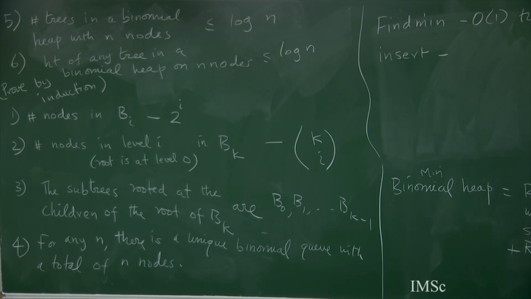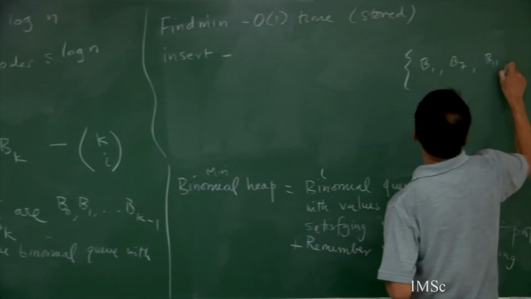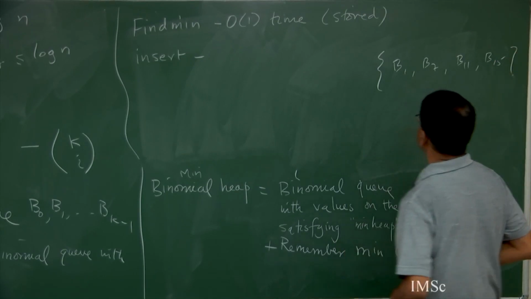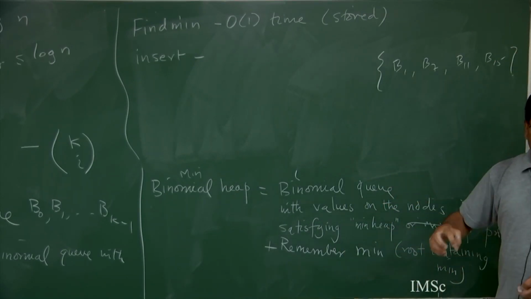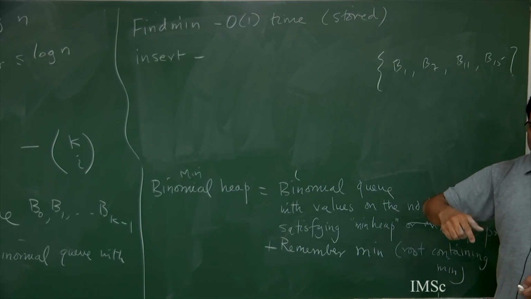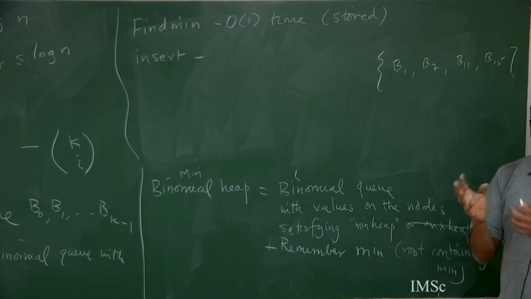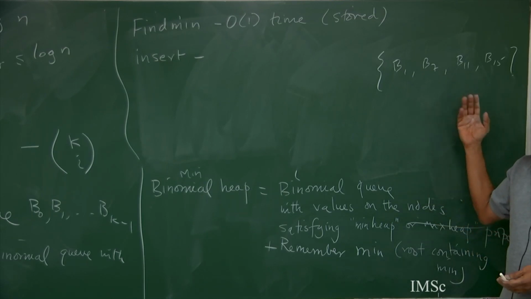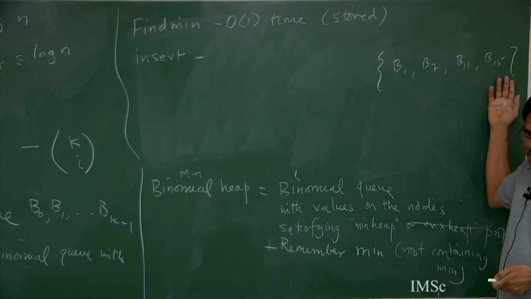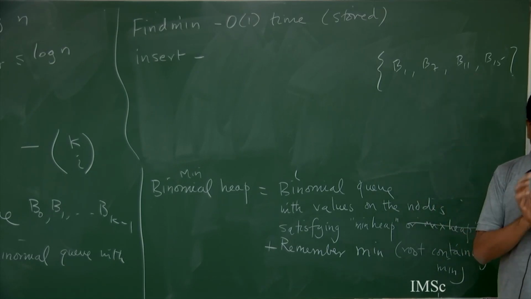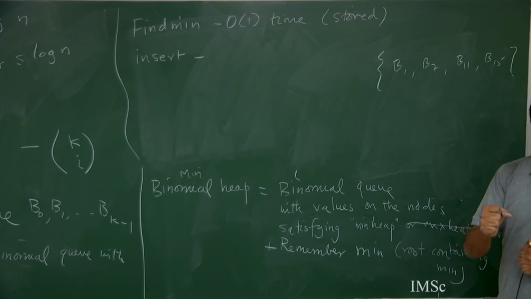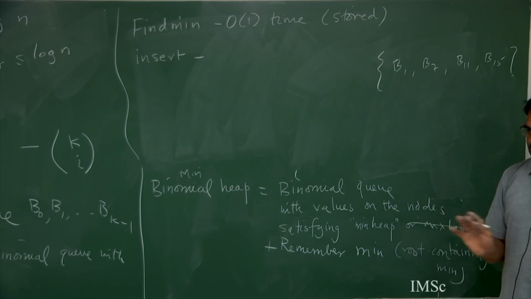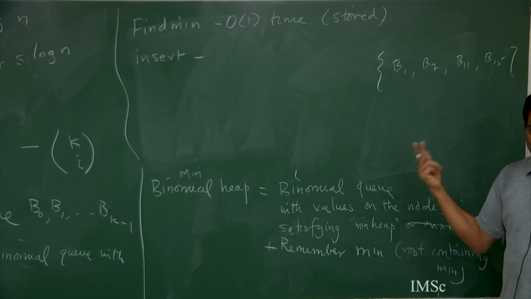So my heap looks like some B1, B7, B11, B15. I go to B7, insert it as a leaf, compare it with its parent, do some swaps and fix things, and in log n time I insert. Is that fine? It won't be a binomial tree. My binomial heap is a collection of binomial trees, and each binomial tree of degree i has exactly 2^i nodes. So you can't do it this way; the invariant won't be maintained.